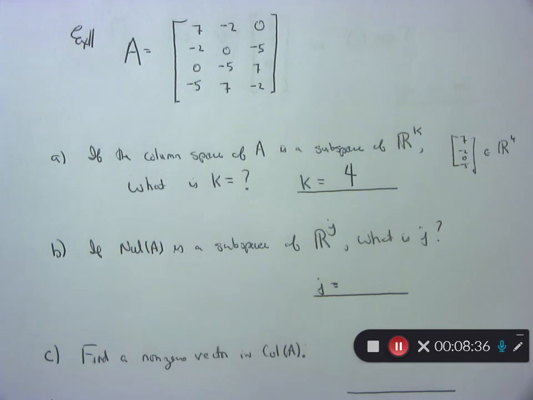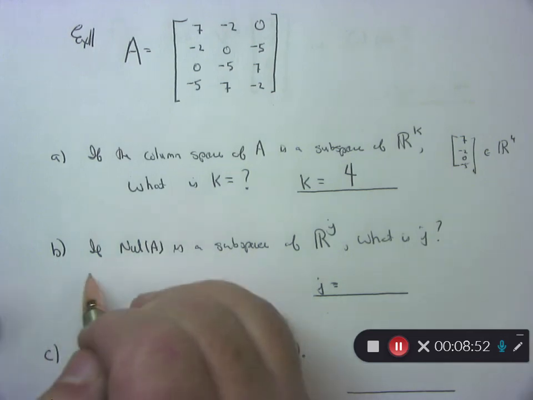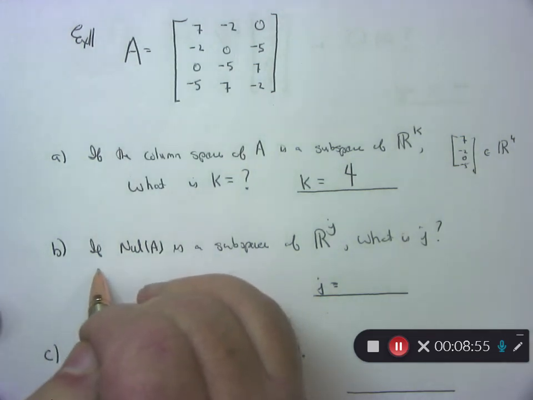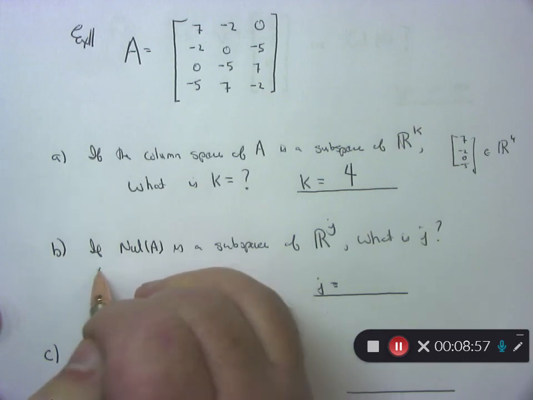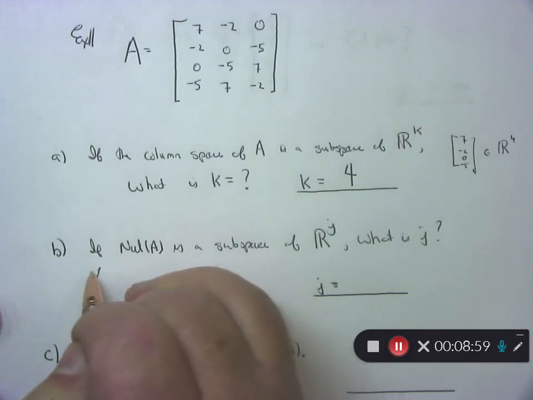If the null space of A is a subspace of Rj, what would J be equal to? Okay? All right, how do you find the null space? Remember your definition. Null space of A is basically the space of solutions. Let me write this down.